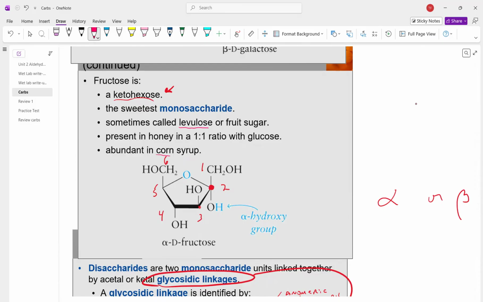And in 1977, they invented a way to convert corn syrup to high fructose corn syrup. So corn syrup is not sweet. Only high fructose corn syrup is sweet.